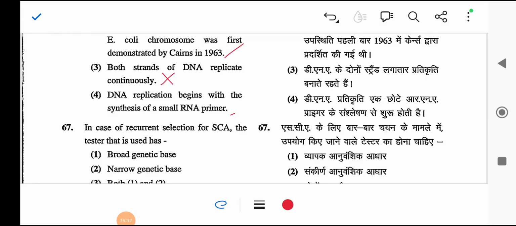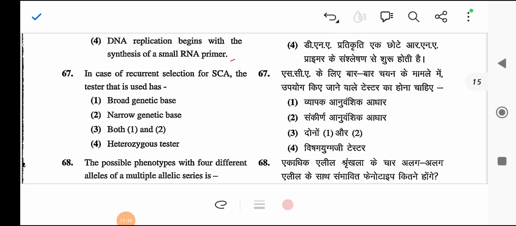This is also correct. Moving forward, in case of recurrent selection for SCA, the tester that is used has a narrow genetic base.